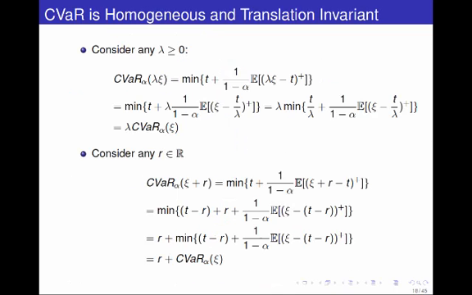Okay. So now looking at the properties of coherent risk measures, what happens when we hit xi with lambda? Well, for any number, I think we all agree that this is obvious. So then, when I have this term here, I can just scale it by 1 over lambda, and I get this, and the lambda comes outside and sits over here.